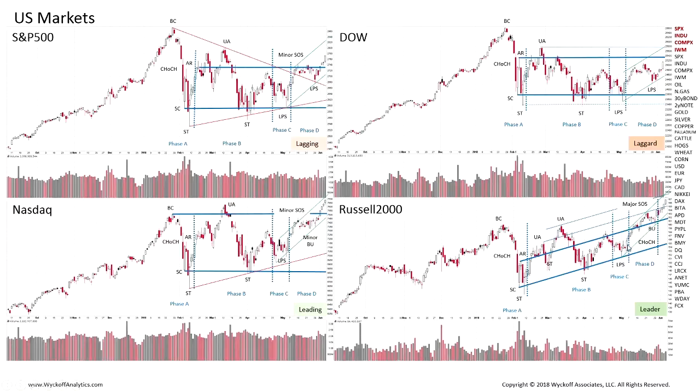So the Russell has gone up, it's backed up, very shallow backup, and this important point, this is evidence that absorption is complete. So absorption by strong hands. When a stock or the market goes down with volatility, like the solar stocks are doing today, those stocks are in weak hands.